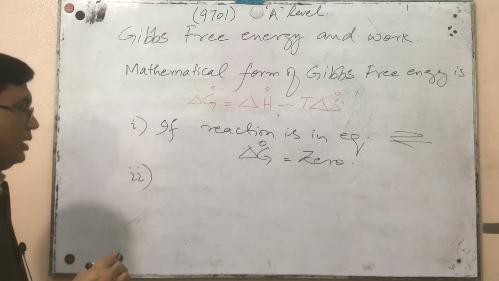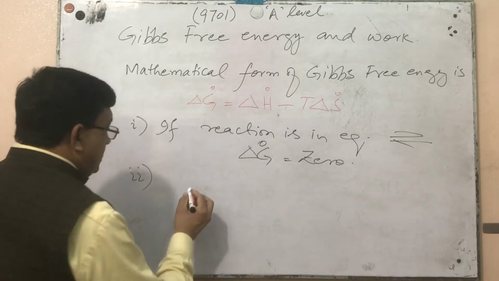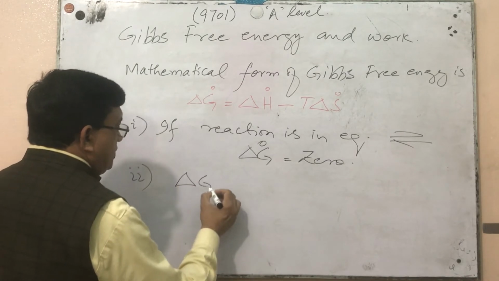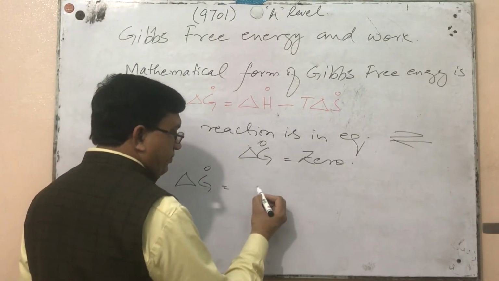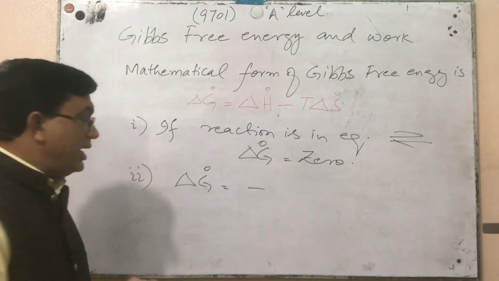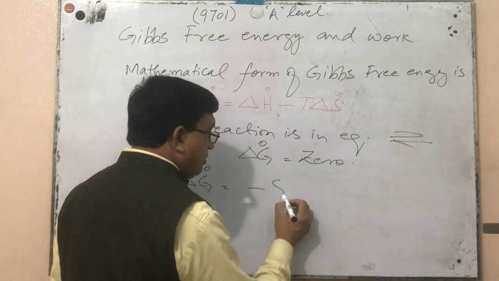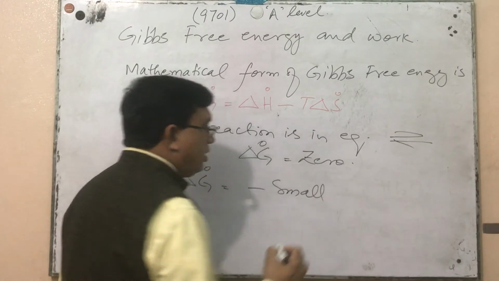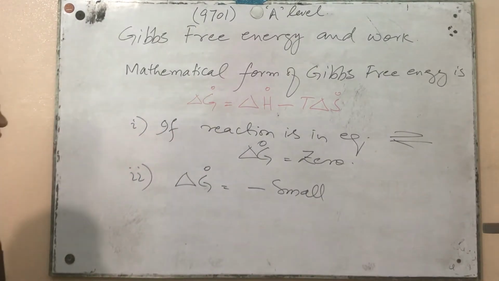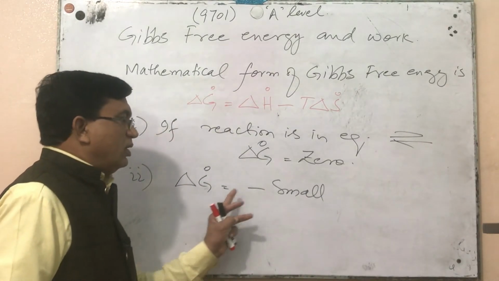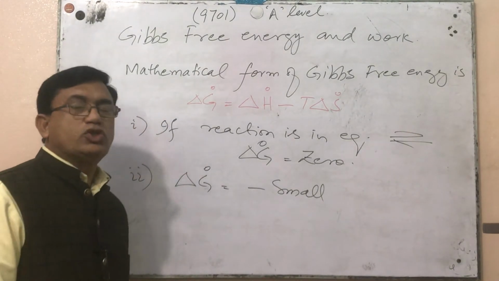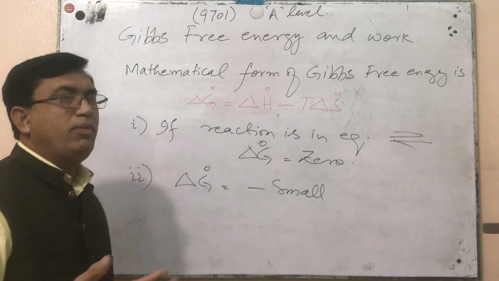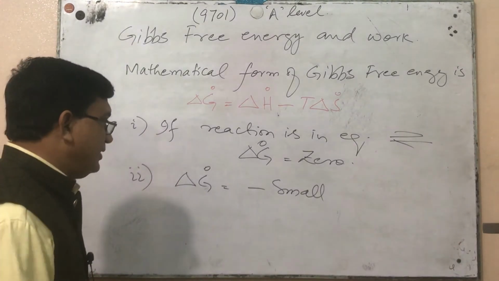Second, if the delta G naught value is negative small, it means the reaction is feasible, spontaneous, and can proceed in the forward direction quite easily.